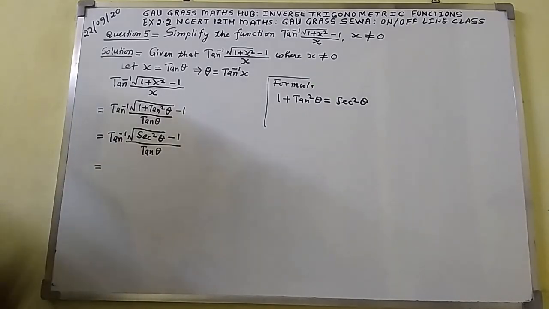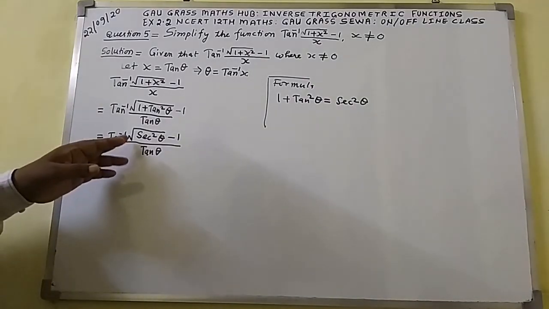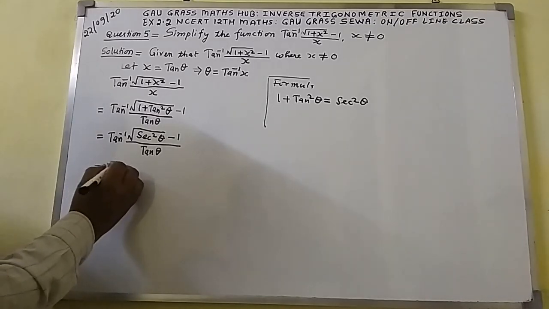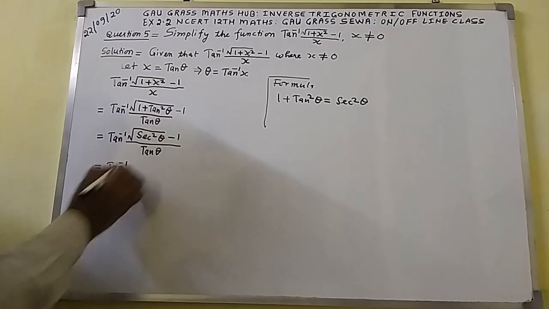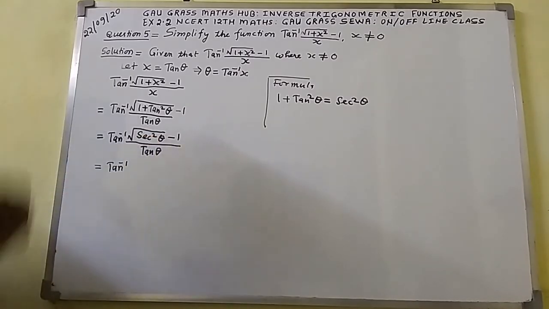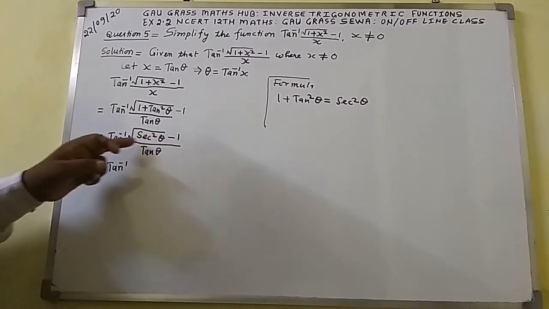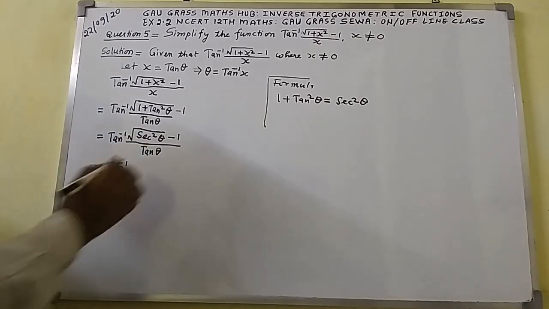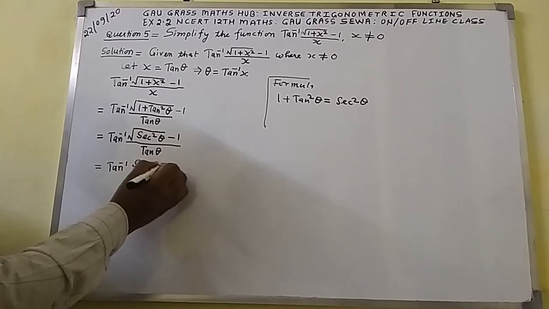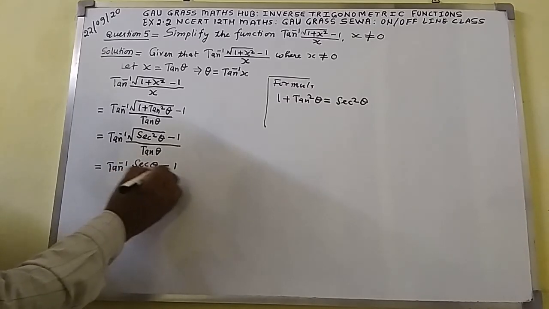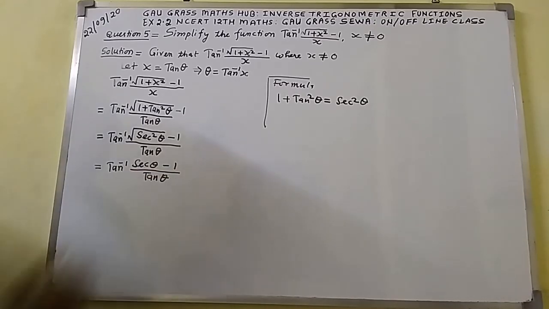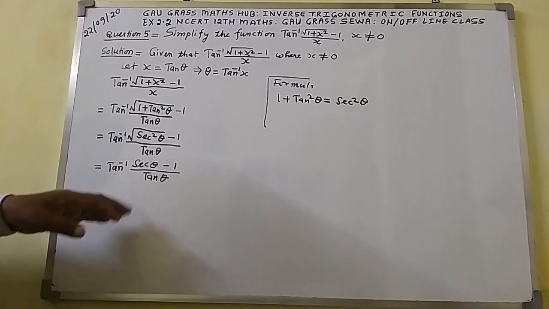Under root sec square theta will become sec theta, so tan inverse of (sec theta minus 1) whole over tan theta.